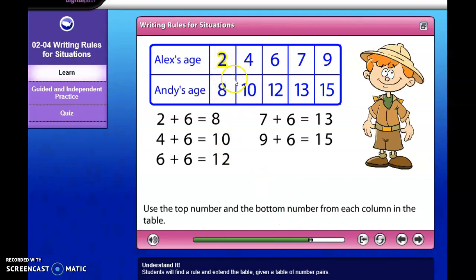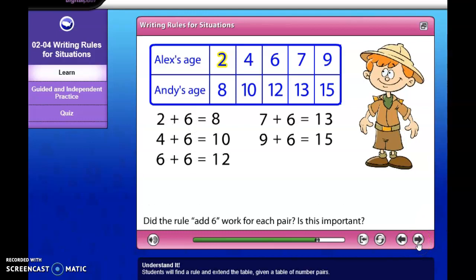You're finding how much more it is to get from 2 for Alex's age to 8 for Andy's age. Therefore, 2 plus what would get me to 8? How much more? +6. +6 ends up being my rule.